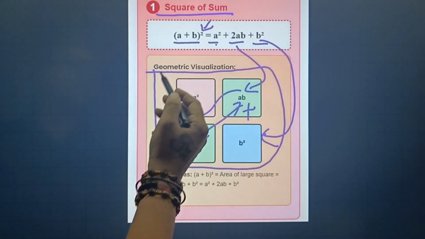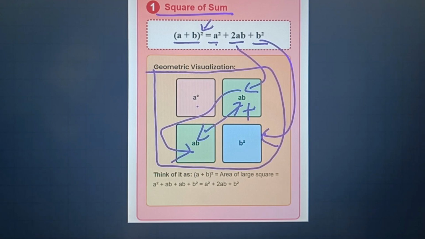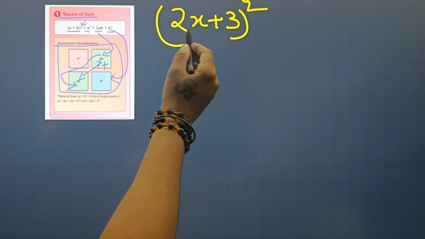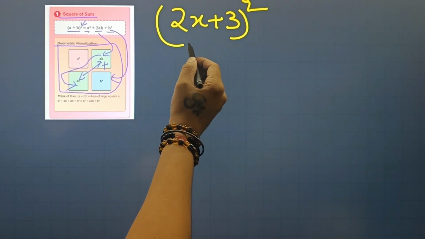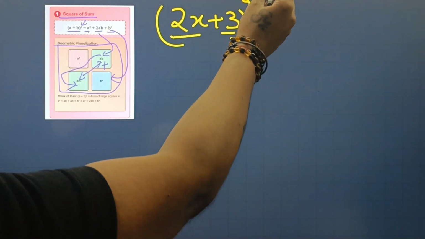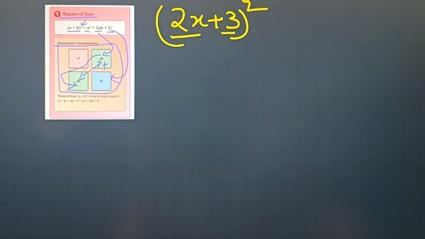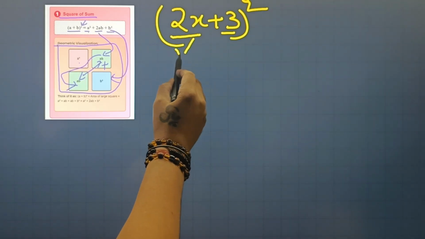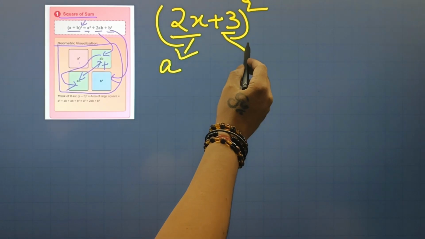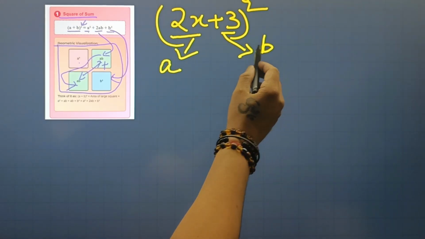Now let's understand with the help of an example. Let us say we have this algebraic expression, (2x + 3)². Here we have 2x, let us say it is a, and 3 is b.